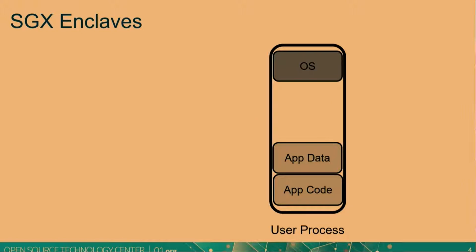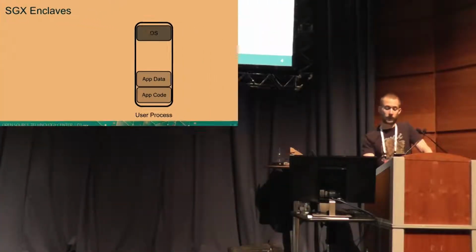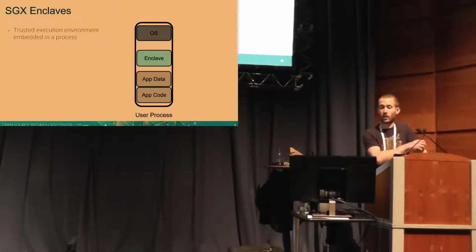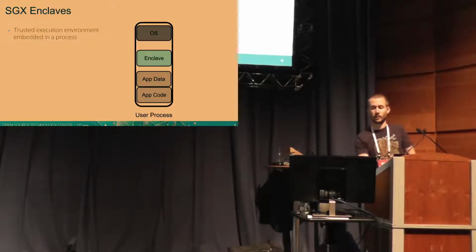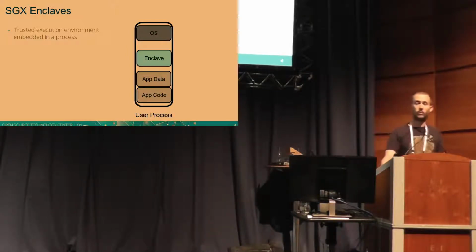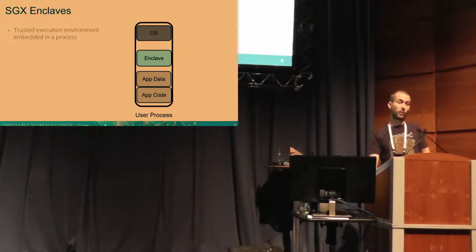The high-level view of what an enclave looks like starts with a standard user space process. So you have your data, you have your code, and then you have the OS bits that are exposed to user space. An enclave is a trusted execution piece that's embedded in that ring 3 process. Enclaves run in a special new architectural ring 3 only mode.